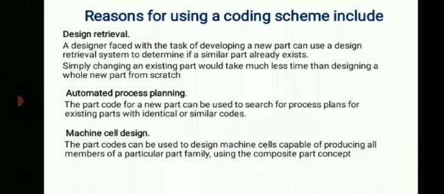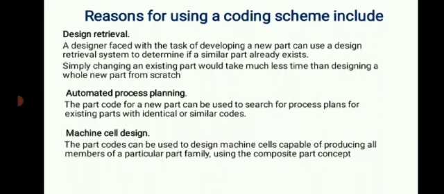Why use a coding scheme? There are 3 reasons. The first is design retrieval, the second is automated process planning, and the last is machine cell design. What is design retrieval?